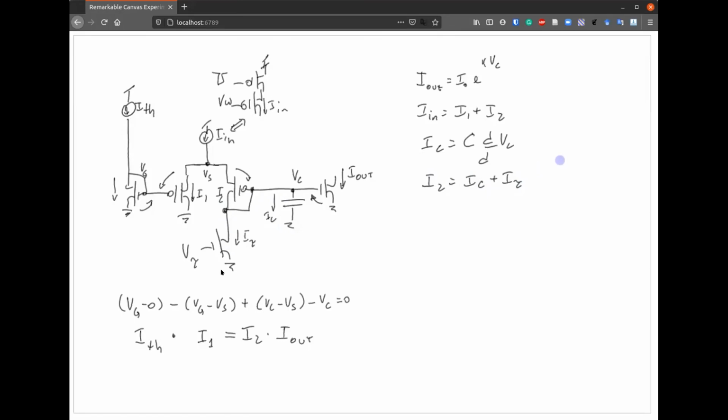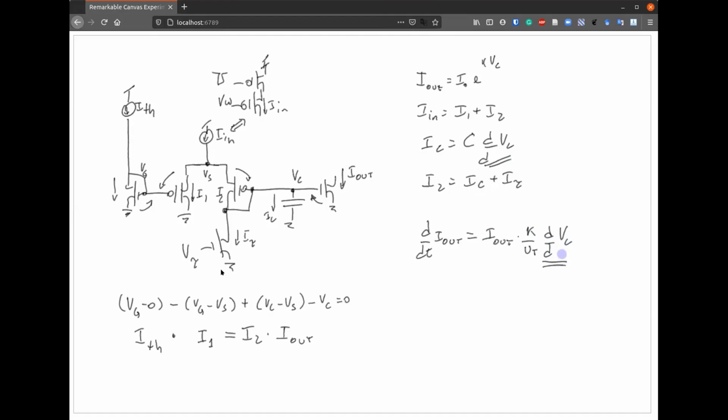And then, again, remember the equation, because of this I out here, if it's exponential, the derivative of I out with respect to time is equal to I out itself times kappa over UT dVc dt. So then we have this term here, and we can replace that with IC.